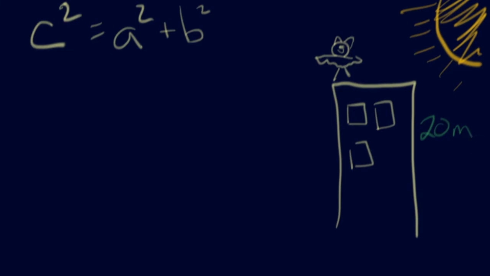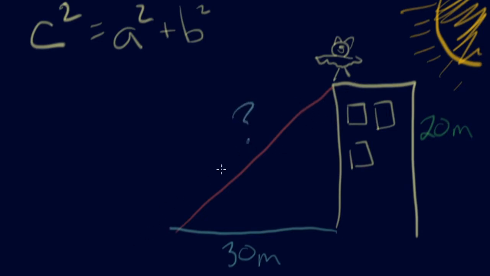And the shadow is like this, and we know the shadow lands a certain distance away from the building, about 30 meters away. So I want to know how long is the shadow. What is this length right there?